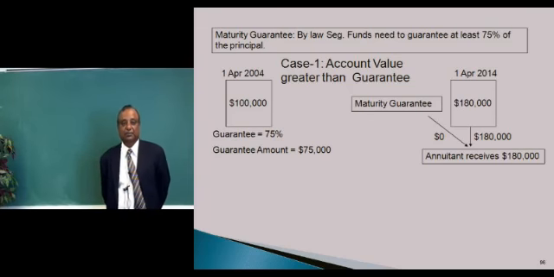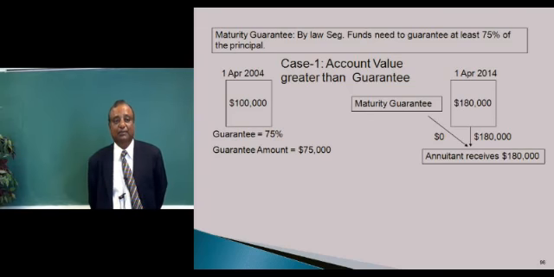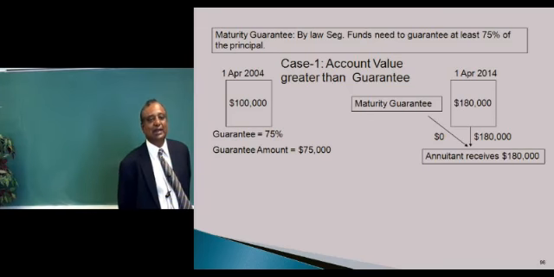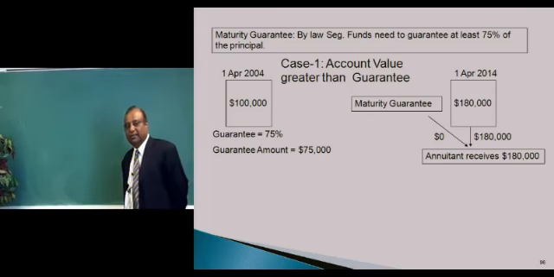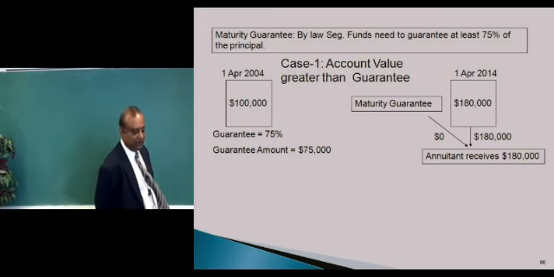The guarantee is 75%. That's the minimum guarantee that has to be given by a seg fund. The seg fund can guarantee a higher percentage. For example, there could be a seg fund that guarantees 100%. Okay? So for this example, I'm assuming a guarantee of 75%. So the guaranteed amount is $75,000.